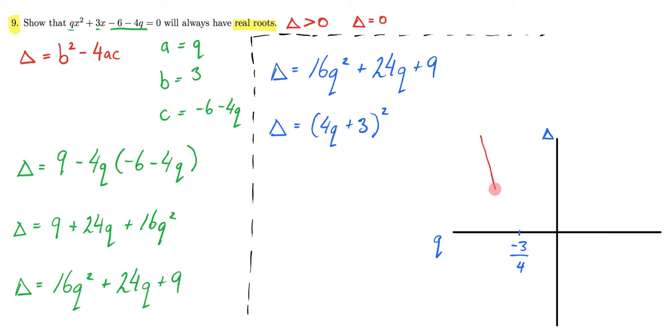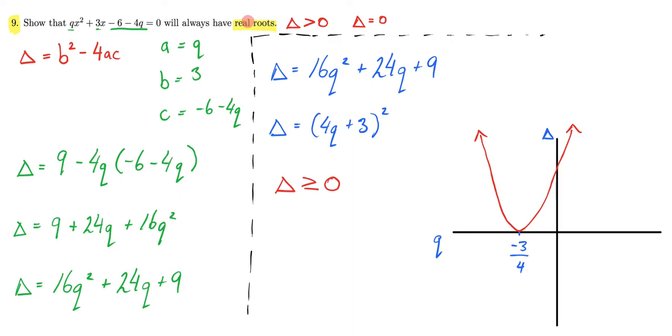Let me try again. Not great, but as you can clearly see, everything is above my q-axis, and therefore I only produce positive delta values.